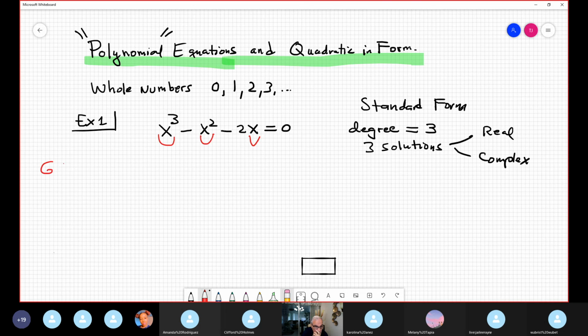Therefore, the greatest common factor is x. But how many x? 1, 2, or 3? Only 1, because x cubed in my mind is x times x times x, a multiplication of 3 x's. X squared is x times x, and x alone to the 1 power is just x. Therefore, I can see that the common factor is x, and the rest is not common.